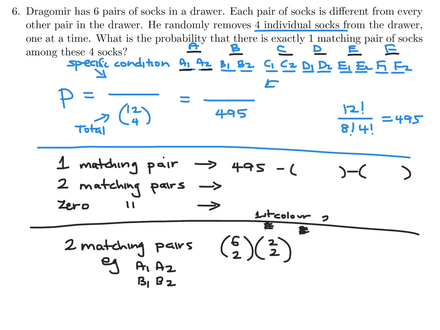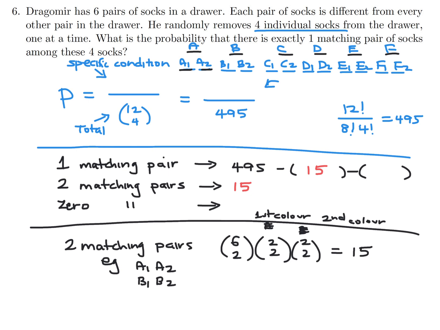And from the second color, again, from the 2 socks of that color, choose both of them. So this will be the number: 6 choose 2 is what? 6 times 5 divided by 2, so 15. So 15 is going to go here.